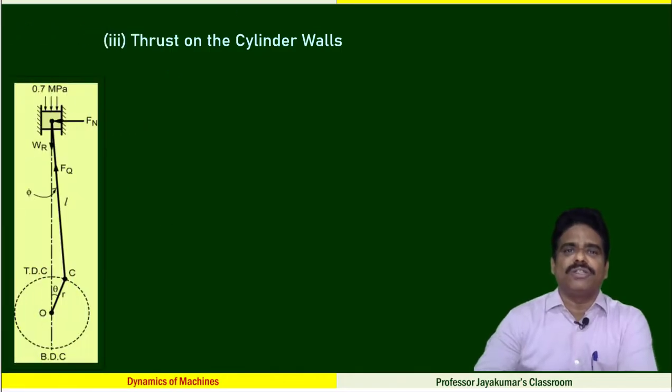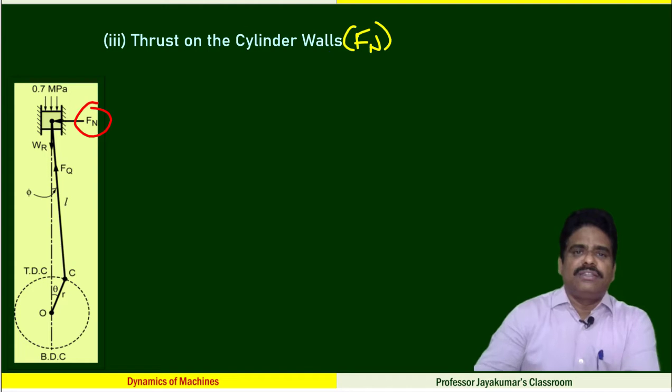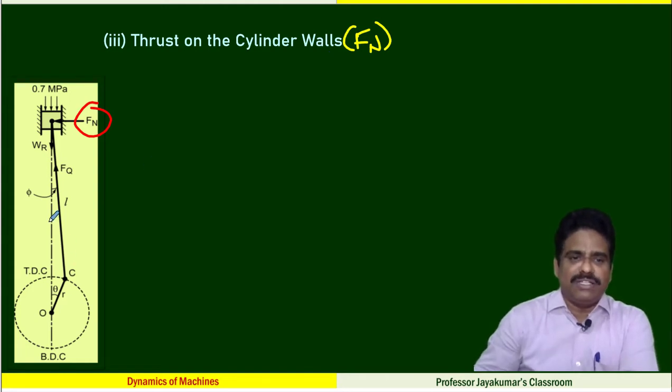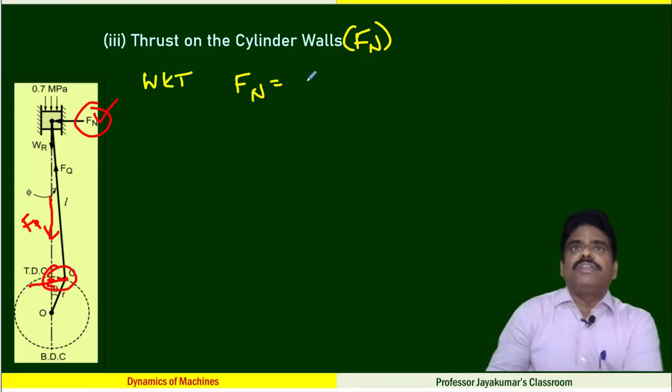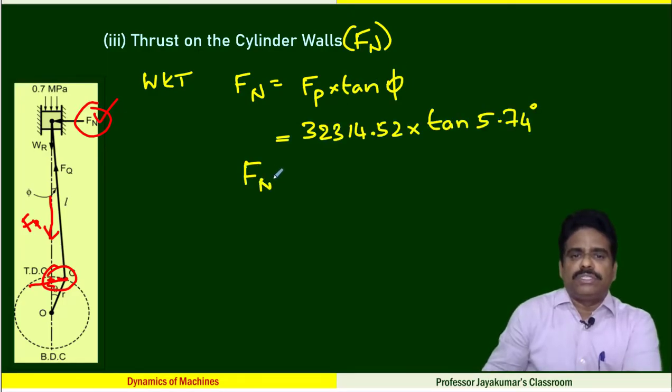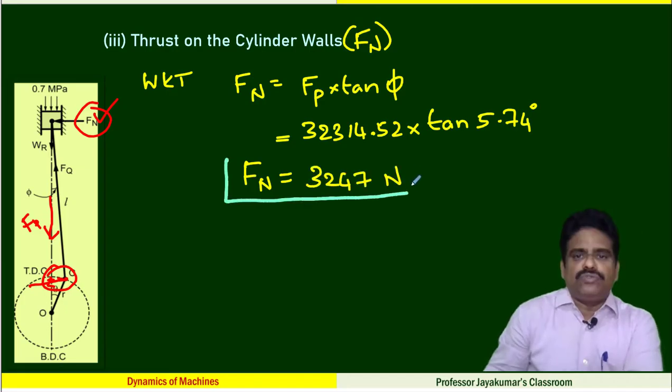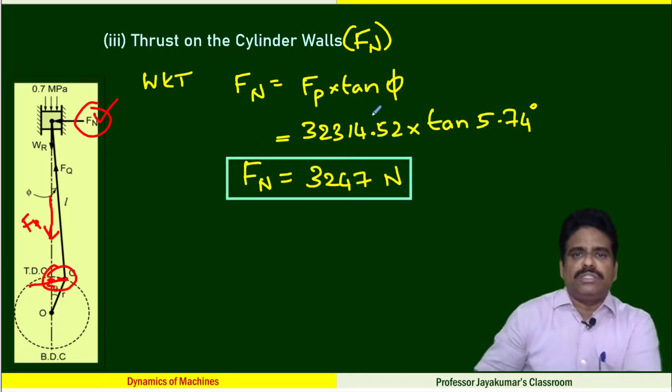Thrust on the cylinder walls, we have to find Fn. Using the same trigonometry, this vertical force is what we call Fn. So Fn is equal to Fp into tan phi. From this I get 3247 Newton as the Fn value.